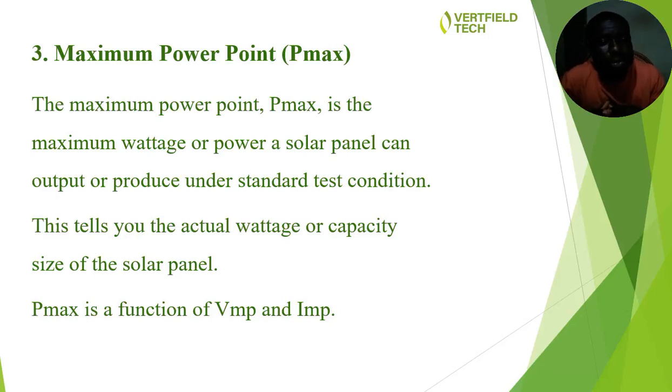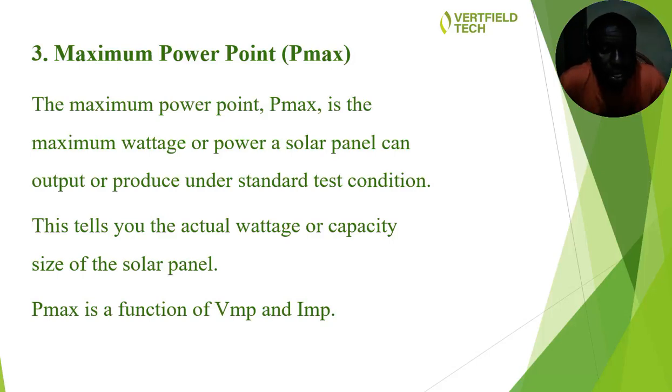Now, the maximum power point tells you the actual wattage of your solar panel. As you can see on my screen, it is the maximum wattage of power a solar panel can output or produce under standard test condition. That is, it tells you the capacity of your single solar panel.